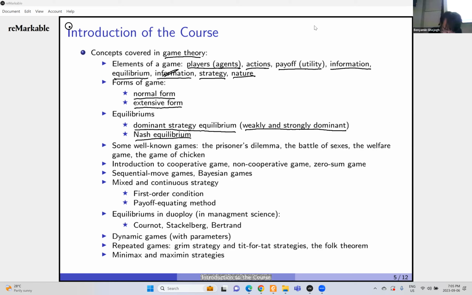We will cover some well-known games. Why? Because, for example, we have a game between two agents, and you can translate it to different scenarios, right? For example, we'll have the prisoner's dilemma, which is a game between two prisoners, but you can also have it in a match.